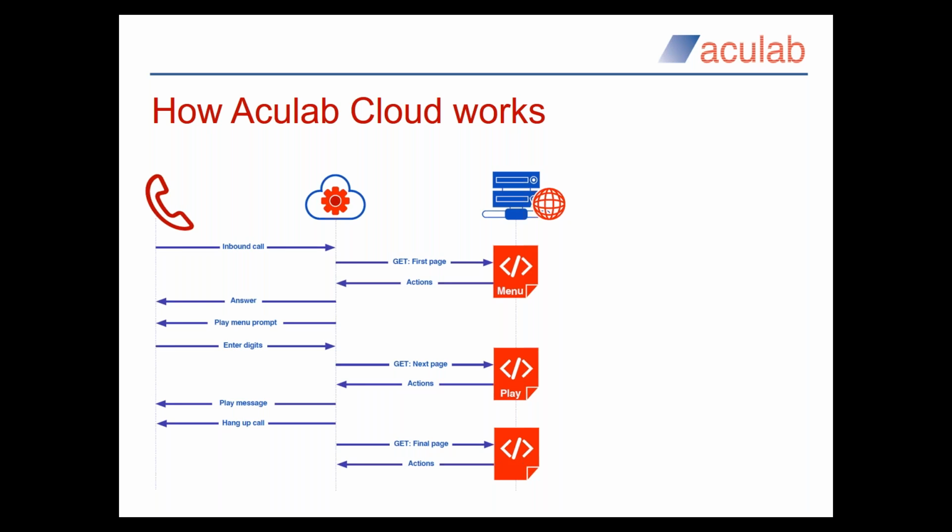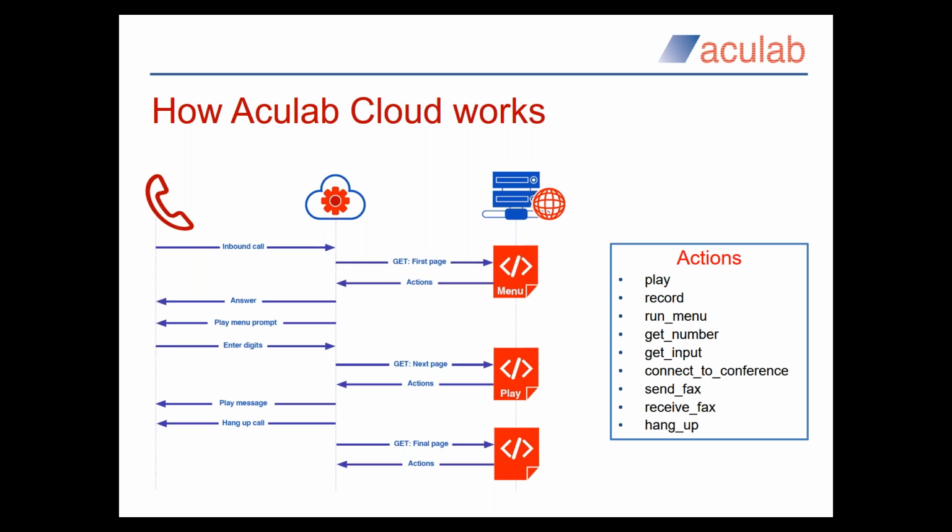These applications sit on your own servers and interact with Collab Cloud's telephony resources. Your applications tell Collab Cloud the tasks, or as we say, actions to perform, and then Collab Cloud performs these actions and sends back any results to your application.